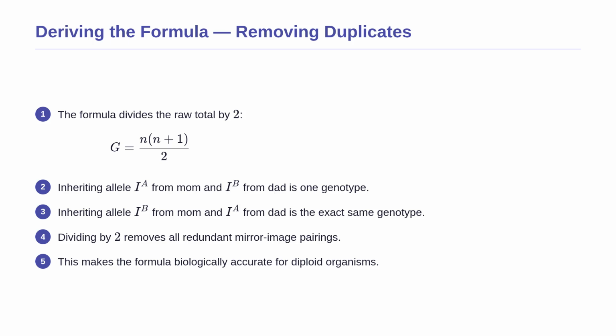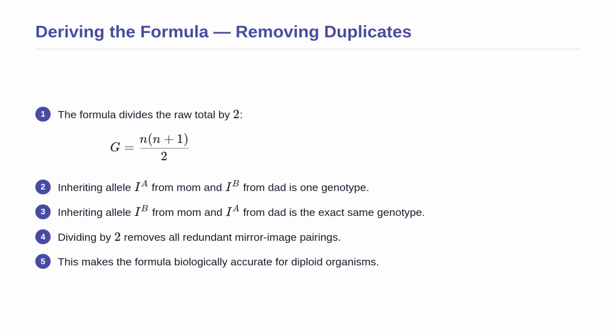This brings us to the denominator of our formula. Why do we divide the entire equation by 2? In genetics, inheriting an allele like IA from your mother and IB from your father results in the exact same genetic makeup as inheriting IB from your mother and IA from your father. The order simply does not matter.